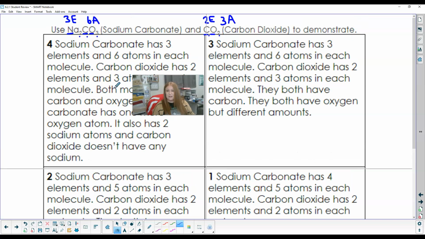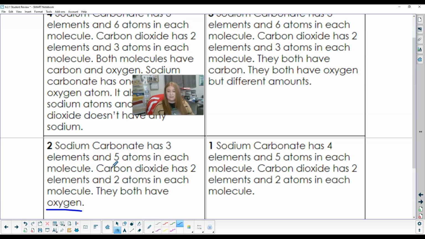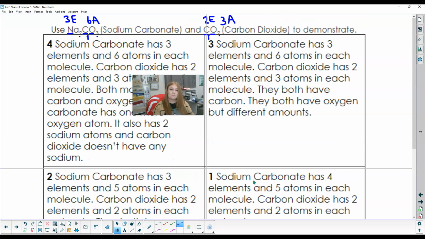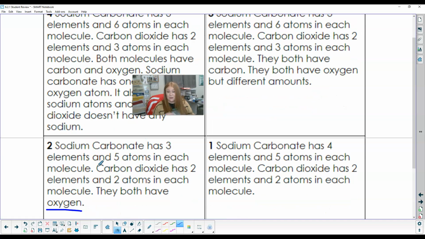But they forgot to count these invisible ones here, so they were both missing an atom. So don't forget, if it helps you, write that 1 and say this has 1, this has 1. So a 2 is almost correct, but maybe made 1 or 2 simple mistakes. The 1 kind of had everything wrong. The 2 had most of it correct.